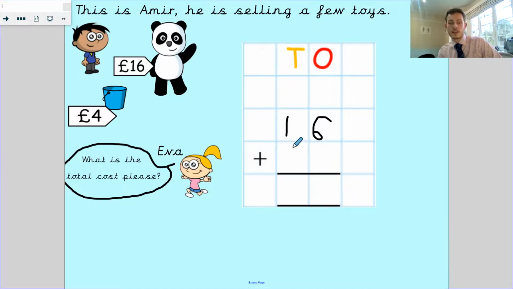Now 16 has a 10 and a 1. 4 only has a 1. So I must make sure that 4 goes in the ones column.